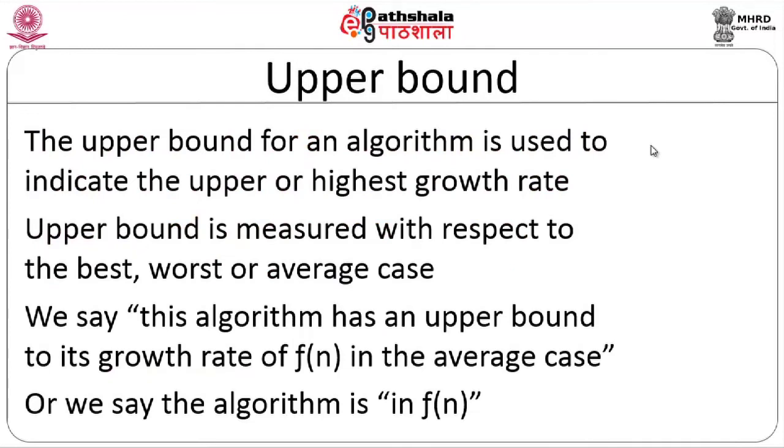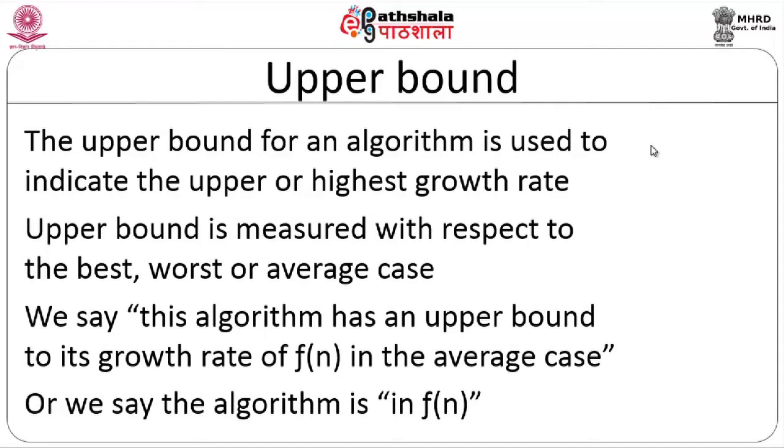The upper bound indicates the highest growth rate of the algorithm. In other words, we are trying to give a bound such that the algorithm's operations will not cross this upper bound.